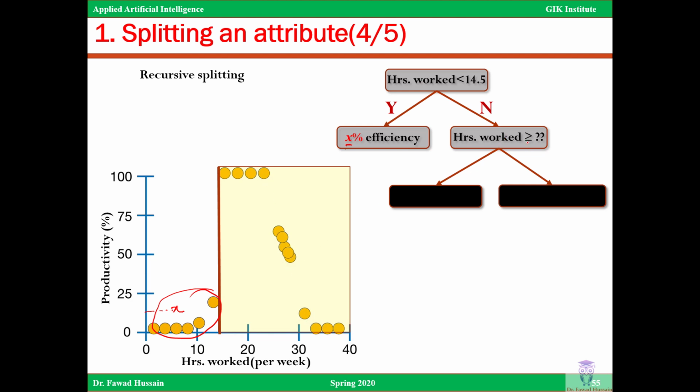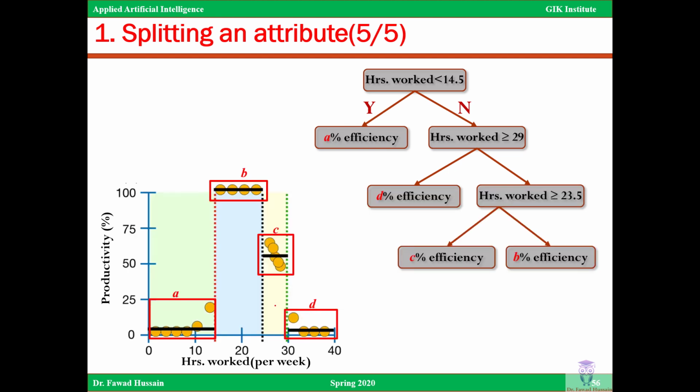So next I am going to use the same trick again. I am going to have another split, maybe over here. I can have a split over here, and then a split over here, and find the sum of squared residue for this and the sum of squared residue for this. Obviously it's going to be lower in this case, and then I'm going to make my next split and move on.